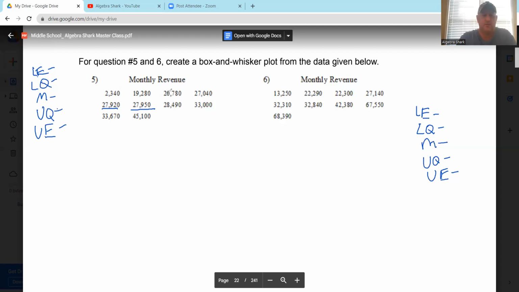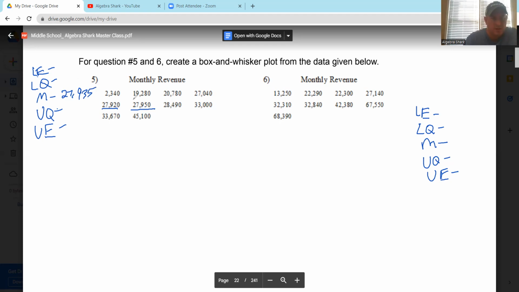If you took the average of those two numbers, you would add them up and divide by 2, or you could just look at the 20 and 50 and add up 20 and 50, which is 70, and divide it by 2 to get 27,935.